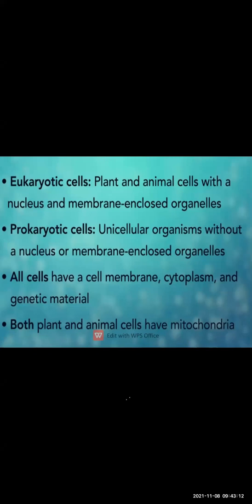Then the next point: as I told you, there are useful microorganisms and there are harmful microorganisms also. The harmful microorganisms are the ones which cause disease to us. They are also known as pathogens. The microorganisms which cause disease are known as pathogens, whereas the organisms which are useful, for example, in fermentation.